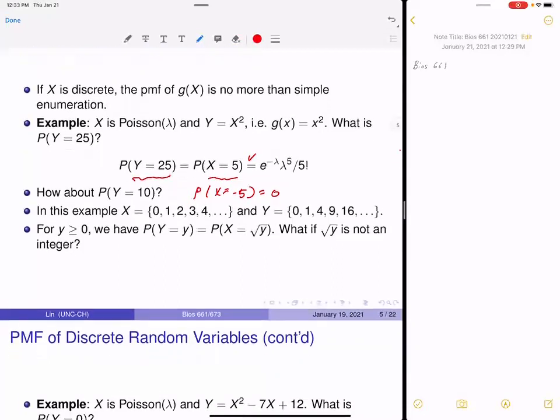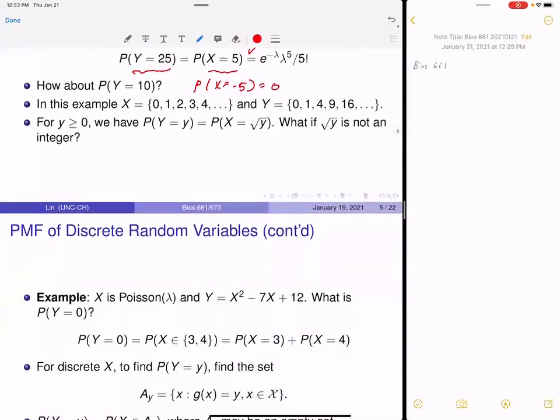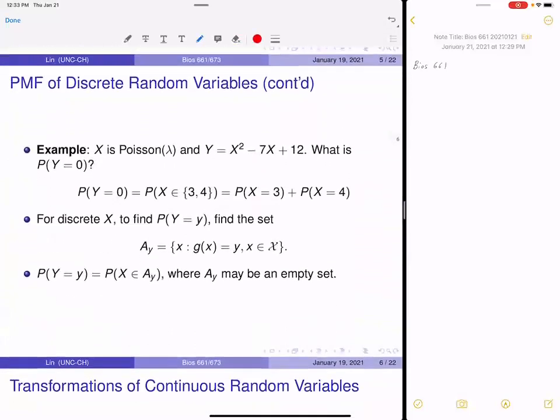Good. What if you have a more complicated transformation than this? I don't know what the real application would be, but say I have Y as a new random variable equals X squared minus 7X plus 12. In that complicated transformation, what is the distribution of Y?